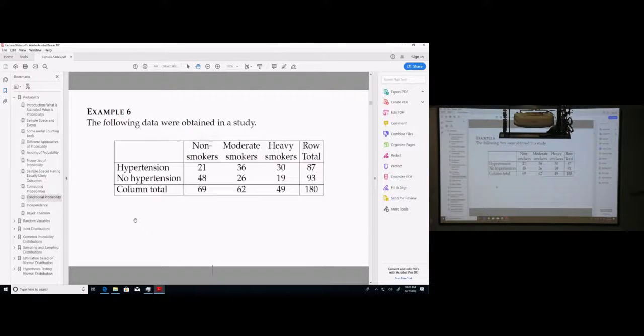So the following data were obtained in a study. They basically want to see, and you will see something like that later on when we do statistics, what the question is trying to drive at, or why researchers are collecting this kind of data, is to see whether smoking or the extent of smoking has anything to do with or is associated with hypertension.